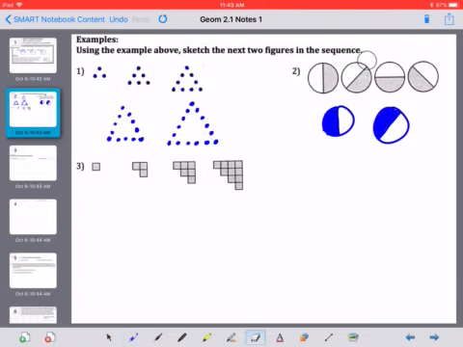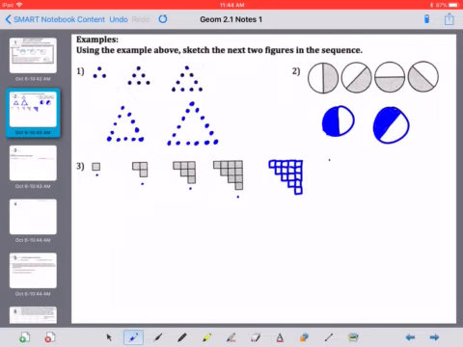Okay. And then our last pattern, we have these squares that look like there's a row being added each time. This first one is just 1 square, and then we have a row of 2 squares added on to the right hand side, and then a row of 3 squares added on and a row of 4 squares. So for the next picture, I'm going to start by copying the previous picture that had 4 squares going down on the right hand side, and then I'm going to add another row with 5 squares.